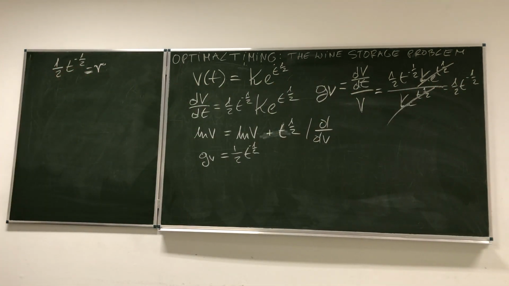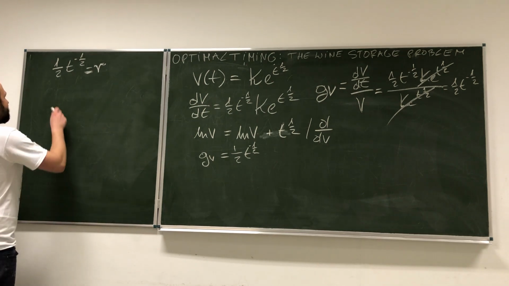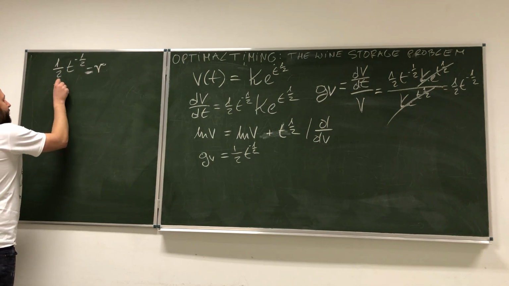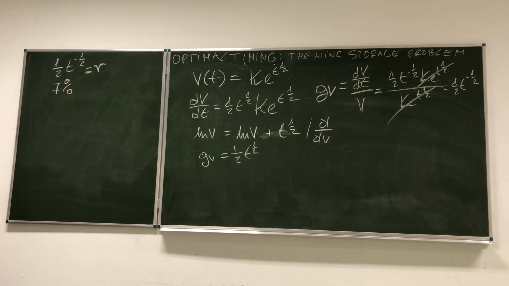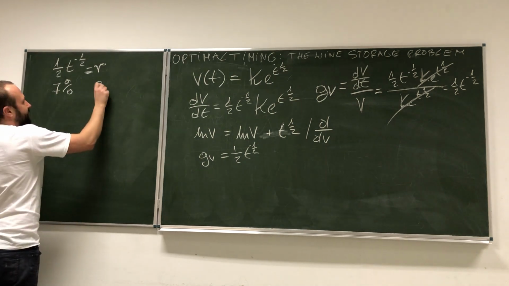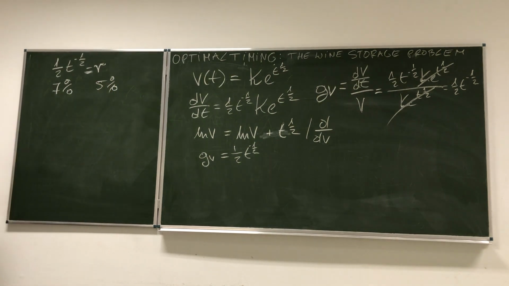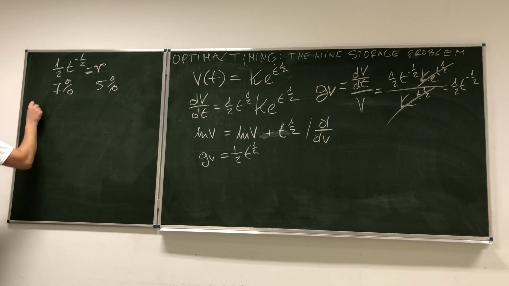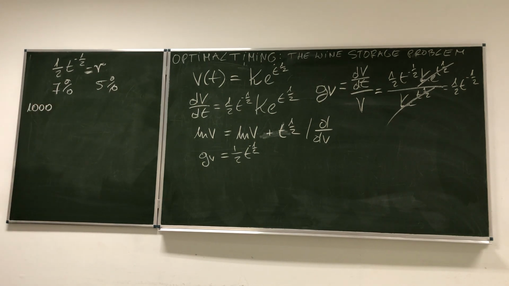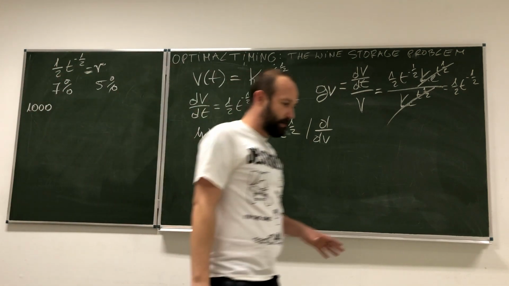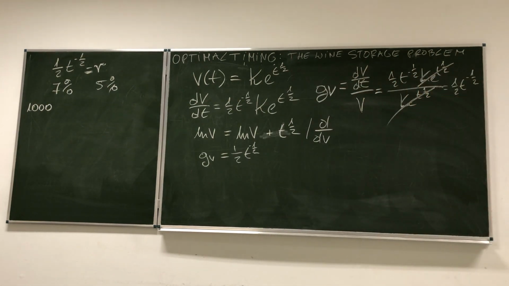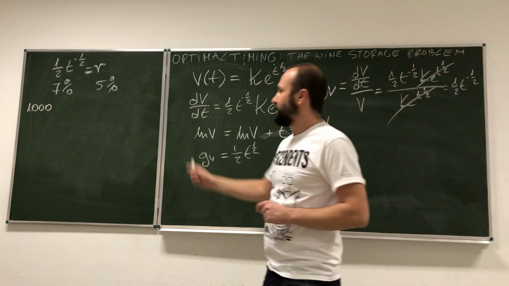So now, let's consider a very simple example. Now look, if this year the value of wine has grown 7%, while the interest rate in a bank is 5%. And let's just say the value of the wine is 1,000. Right? So this means that this year, if you keep the wine and wait until it appreciates in value, you're going to receive an additional $70.